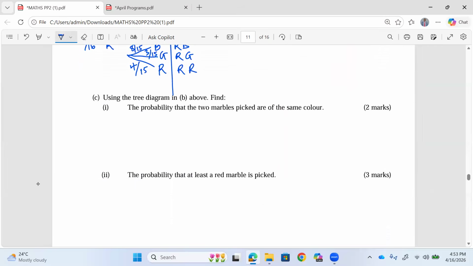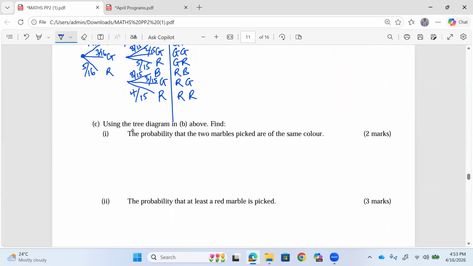Using the tree diagram in part B above, find part 1, the probability that the two marbles picked are of the same color. Same color means the probability the two are reds, or the probability the two are greens, or the probability the two are blues.